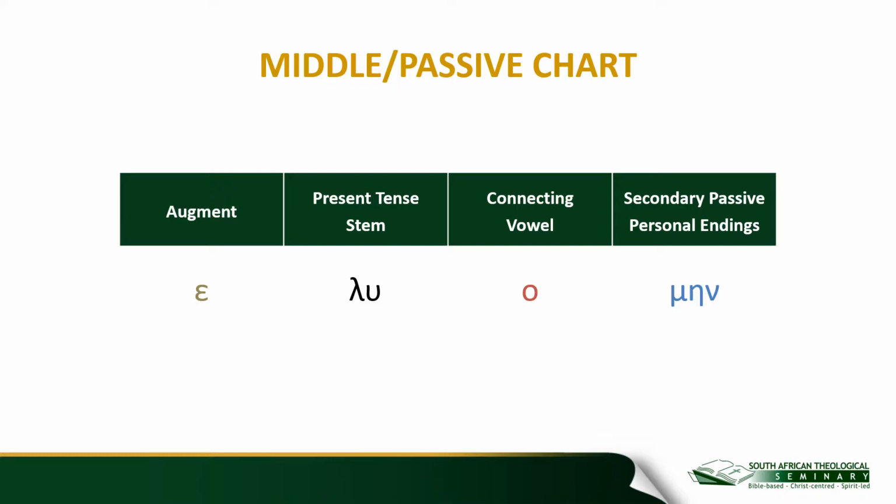The building blocks are the augment plus the present tense stem plus the connecting vowel plus the secondary passive personal endings. In the example given, the augment is epsilon, the present tense stem of lio is li, the connecting vowel is omicron, and the secondary passive personal ending is mēn. This gives us eliomēn, I was being loosed, or I was loosing myself.